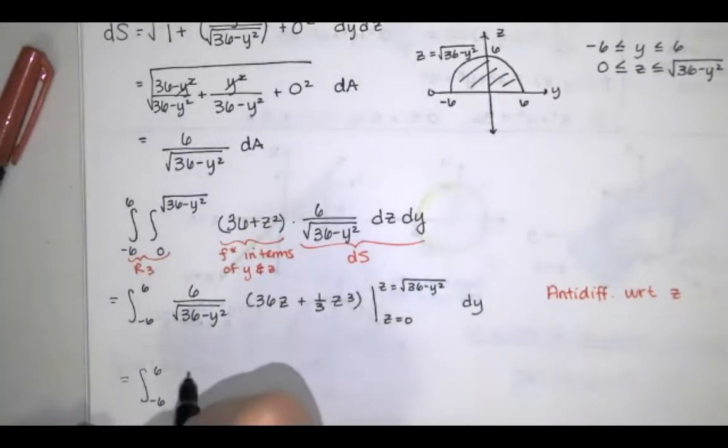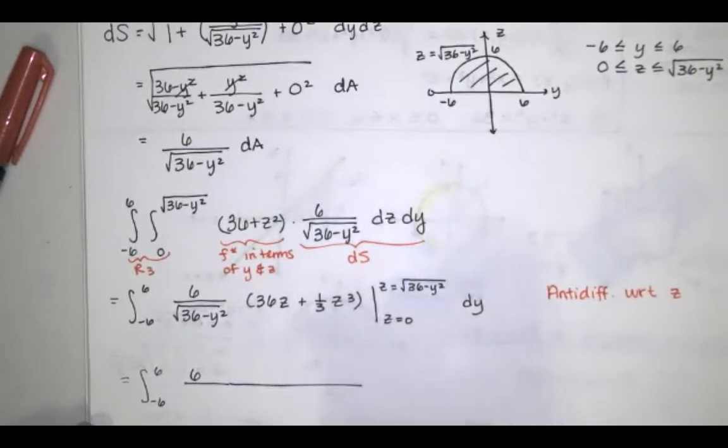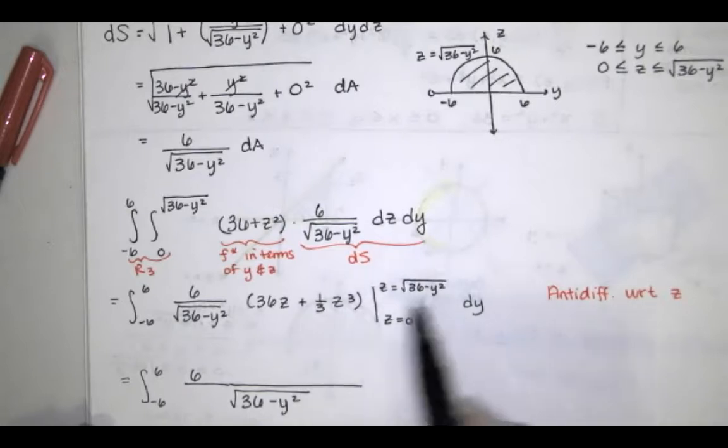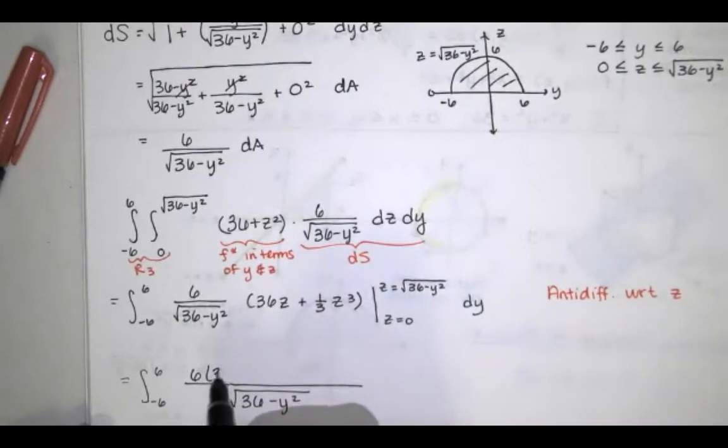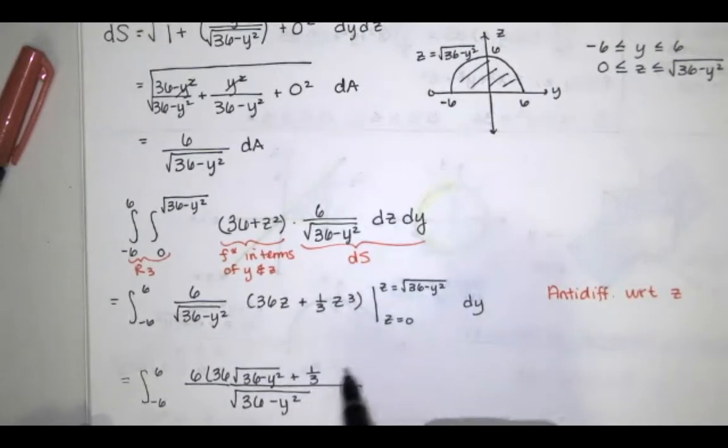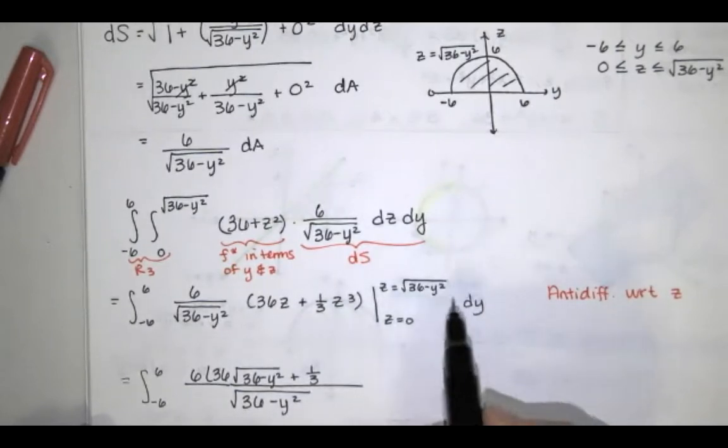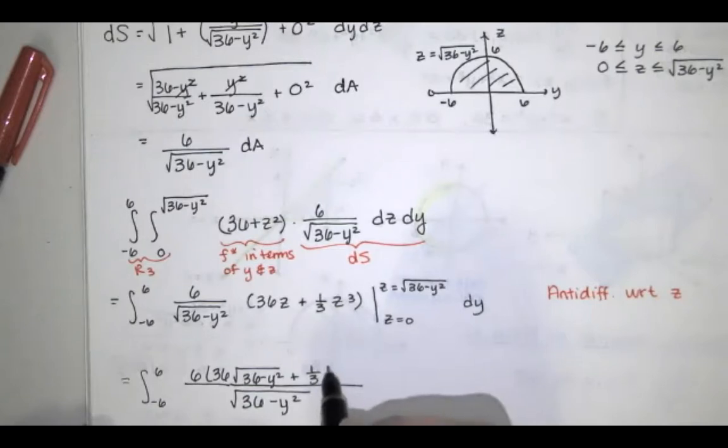We can treat it as if it does, because in a limiting sense, it actually does go away like this. So you've got 6 over the square root of 36 minus y squared. And then at my upper bound, I'll have 36 times the square root of 36 minus y squared plus 1/3 times the square root of 36 minus y squared cubed.